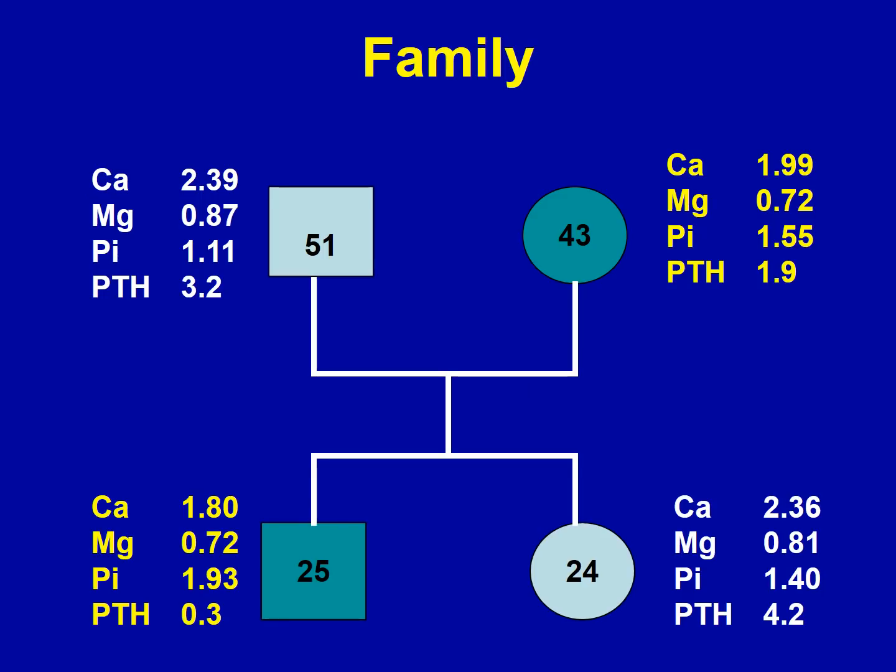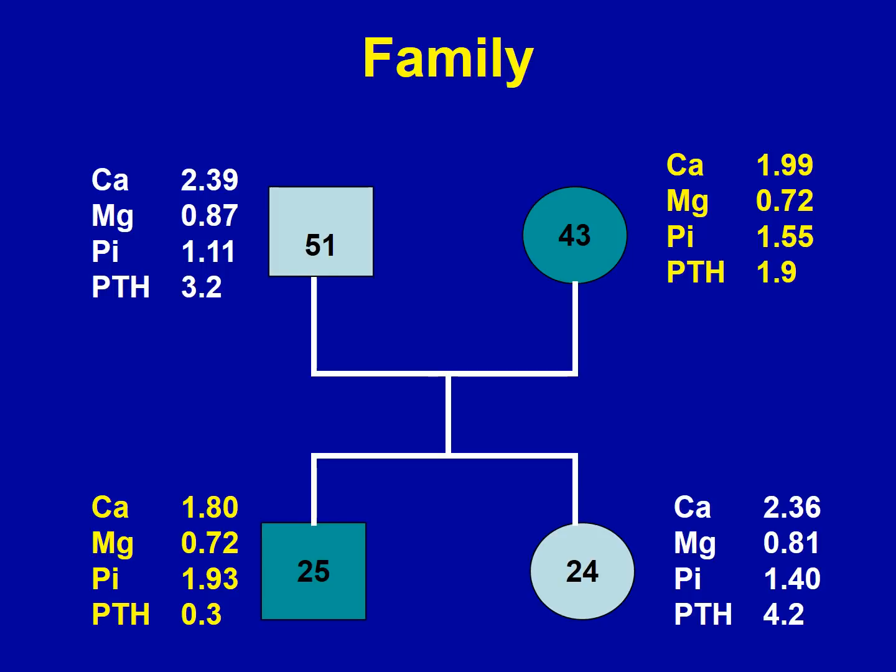What he did have was a family history of similar biochemistry when family members were tested. So he is the 25-year-old male in the bottom left-hand corner, the proband in this kindred.